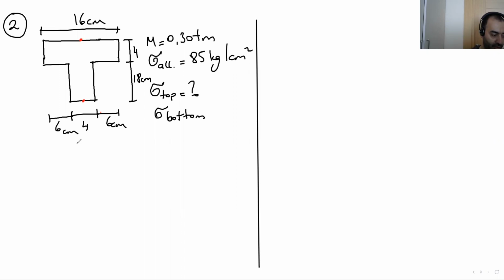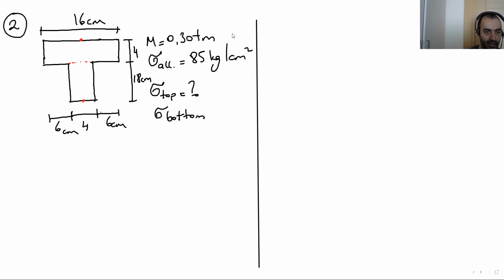Let's consider we have two rectangular sections, at the top and the bottom. Now, we are gonna calculate the distance from the bottom edge.